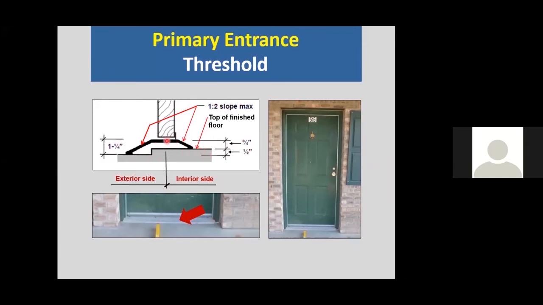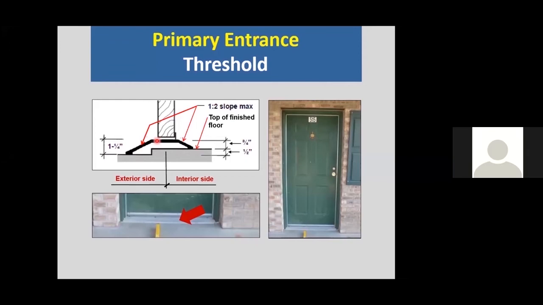Under HUD's guidelines, the top of the threshold can be no more than 3/4 inches from the finished floor. On the exterior side of the door, because of a combination of things, we're allowed 1 1/4 inches from the finished surface to the top of the threshold.